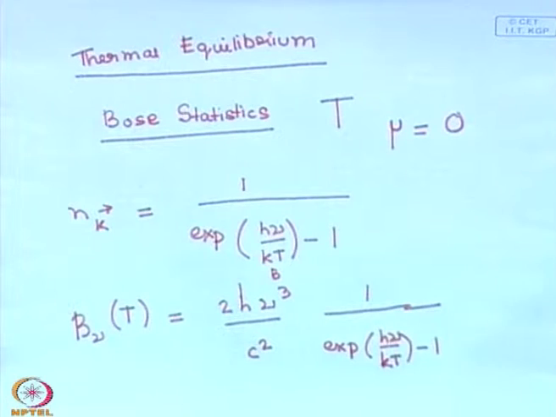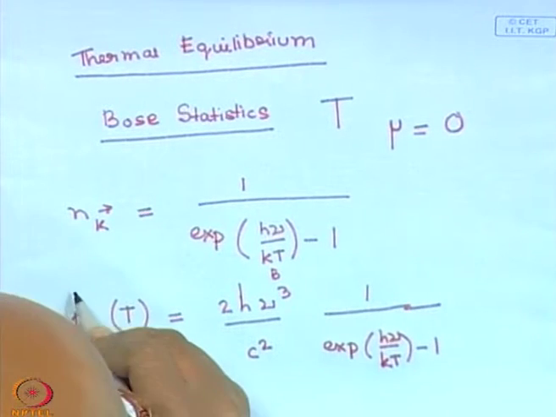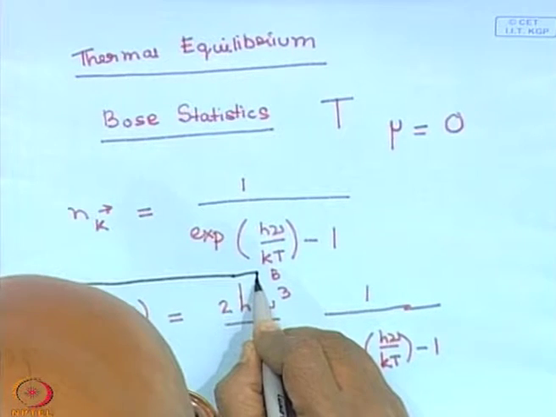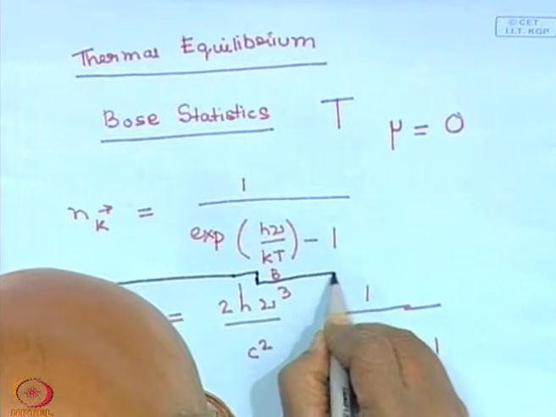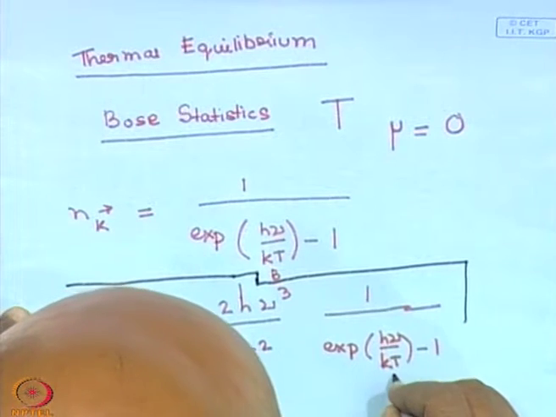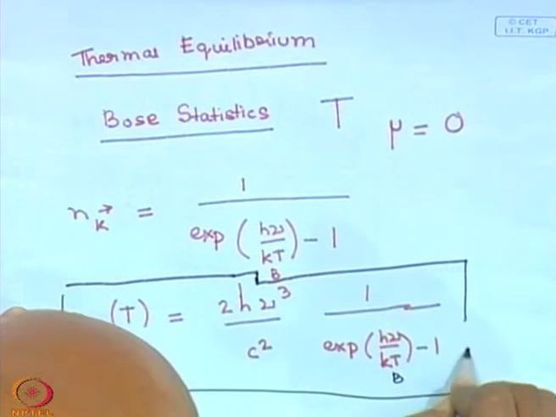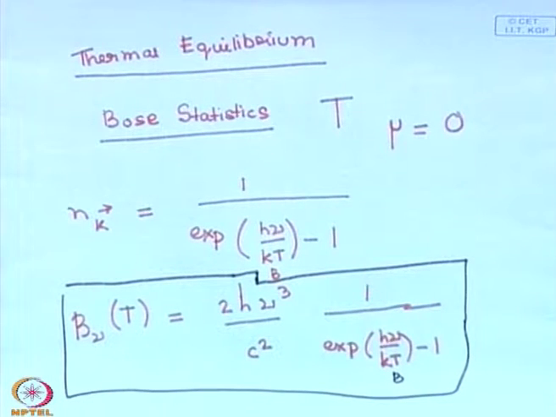That is the Planck function, the specific intensity of black body radiation.